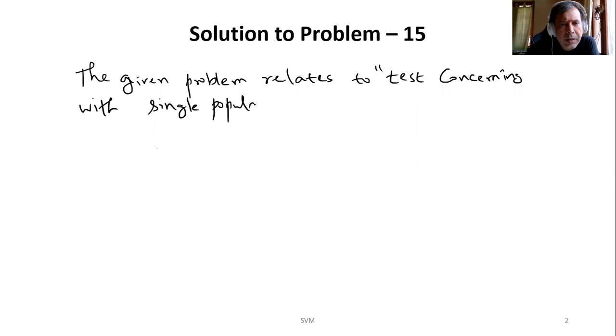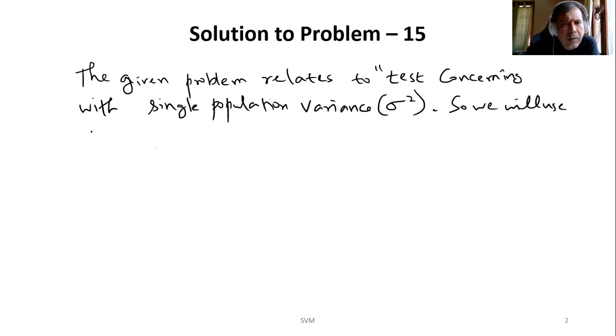Single population variance means sigma square. So we will use the chi-square test.